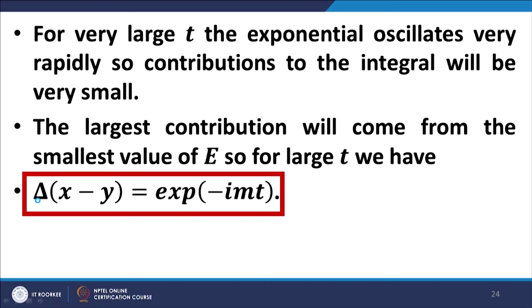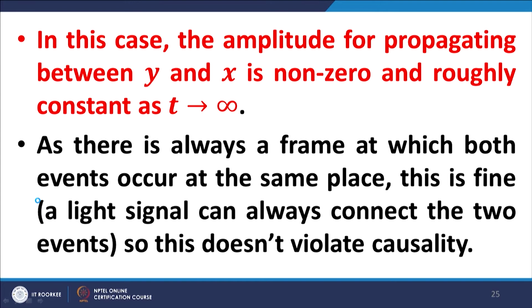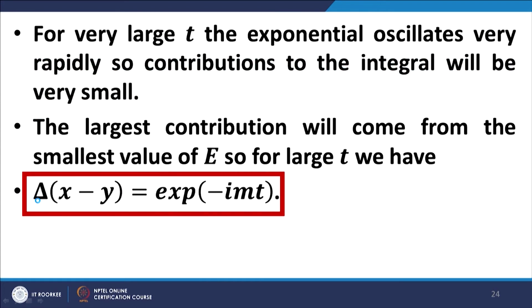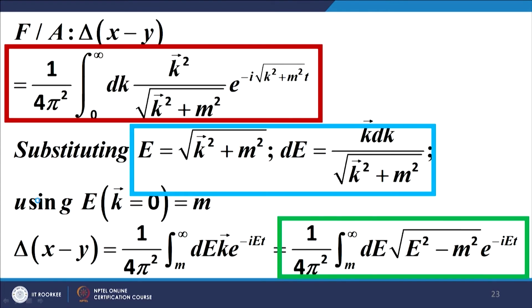Notwithstanding this fact, that as t increases the contributions to the integral become less, the significant contribution will come when E is as small as possible. When is E as small as possible? E is as small as possible when E is equal to m, that is the smallest value that E can take.